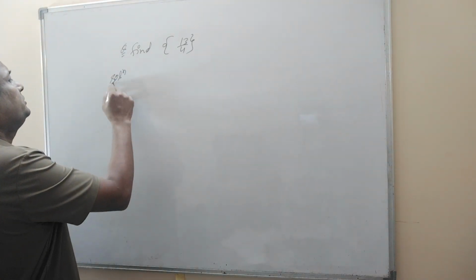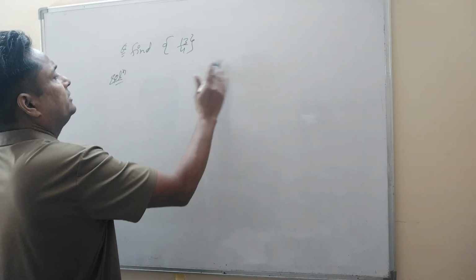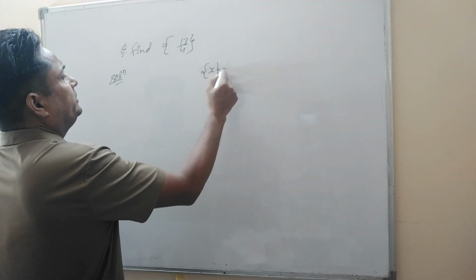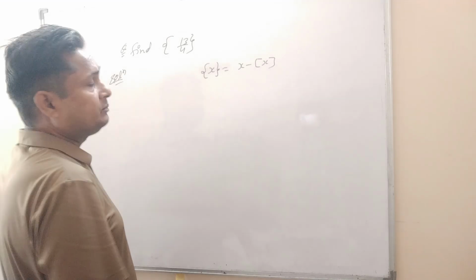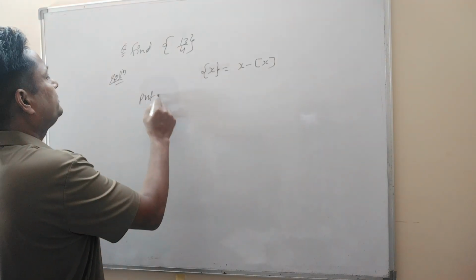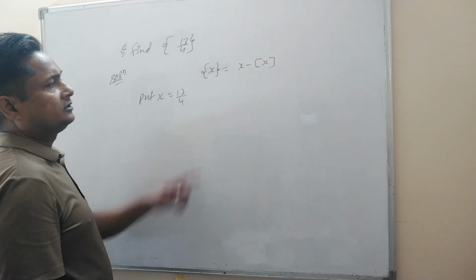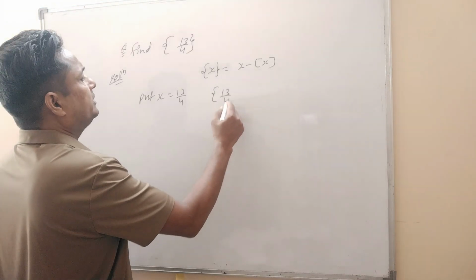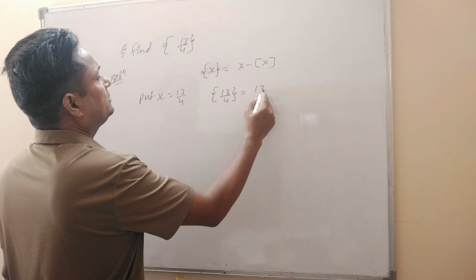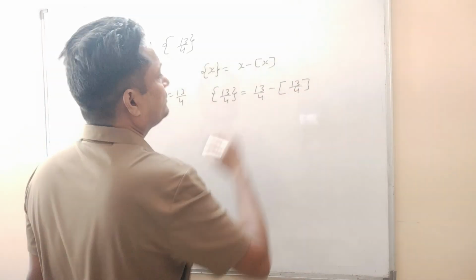The definition is: the fractional function of x will be x minus the greatest integer of x. Now substitute the value. Put x is equal to 13 by 4. So this will be 13 by 4 minus the greatest integer of 13 by 4.